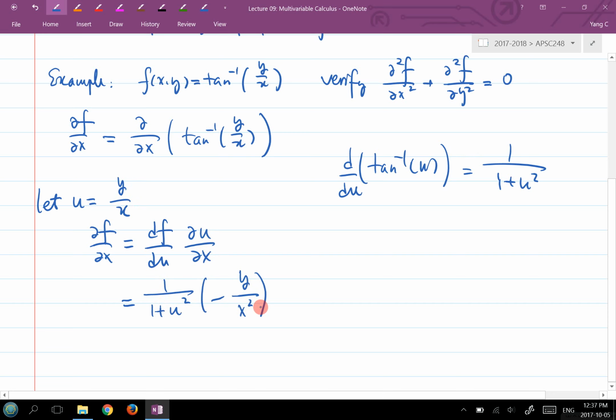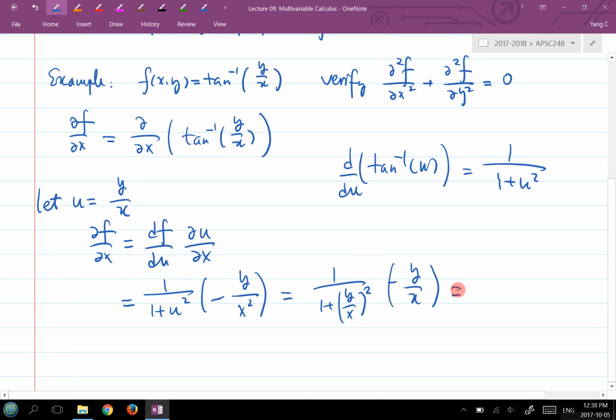So that's the first order partial derivative. Substitute the u back over here, and make sure you do some simplifications before moving on.